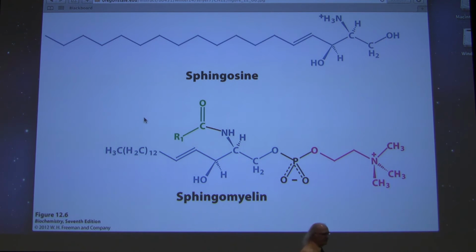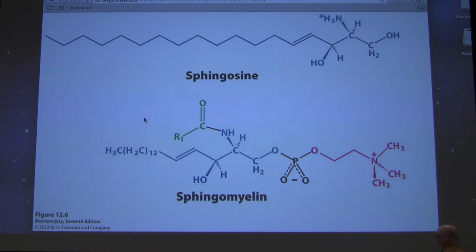Now, this is an unusual sphingolipid in that it actually has a phosphate. You see that phosphate there, you say, oh, that's just like the glycerophospholipids. Most sphingolipids do not have this phosphate. That's one way in which they differ from glycerophospholipids. This phosphate, you can see, has been attached to a molecule, and this molecule it's attached to is choline. So in this case, this red guy out here is choline.